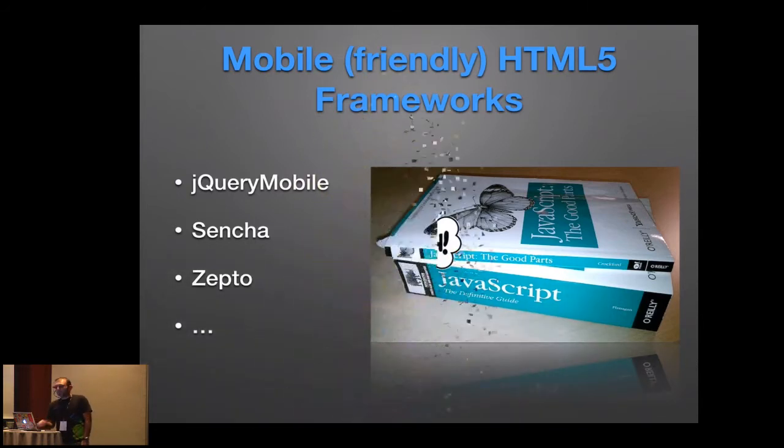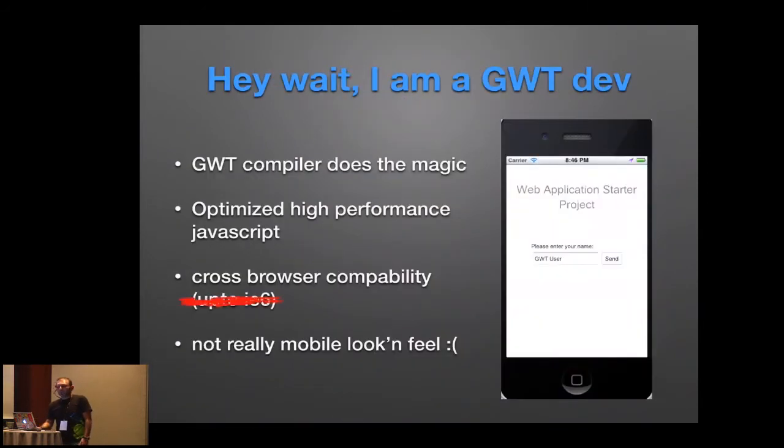Then I thought, why not use GWT? I don't need to promote GWT here. Usually when I'm giving this talk, I stop here and talk about how wonderful the GWT compiler is and how it can create magic. You're all GWT developers, so I can skip that part. The nice thing is you can just write Java and it can create better JavaScript than I can write.